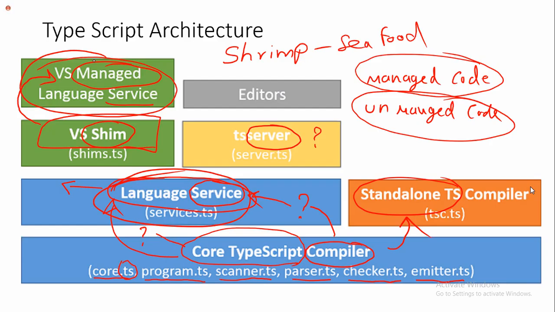Obviously, whatever is in JavaScript, TypeScript can understand. But whatever is in TypeScript, every browser cannot understand. That's the reason the library needs to be designed so that it can be understood. I hope everyone understood that.